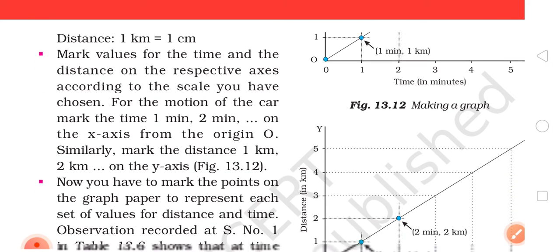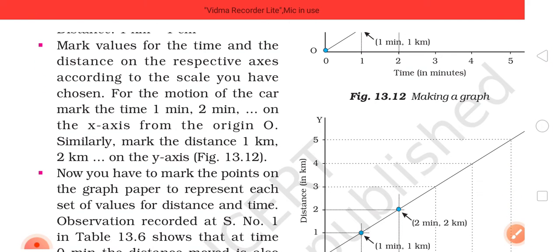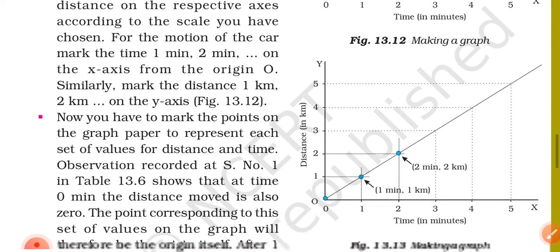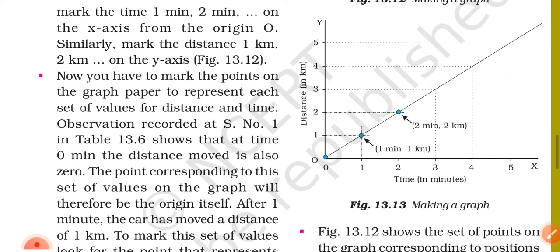Mark values for the time and the distance on the respective axes according to the scales you have chosen. For the motion of the car, mark the time 1 minute, 2 minutes, and so on, on the x-axis from the origin O. Similarly, mark the distance 1 kilometer, 2 kilometers, and so on, on the y-axis. Figure 13.12.